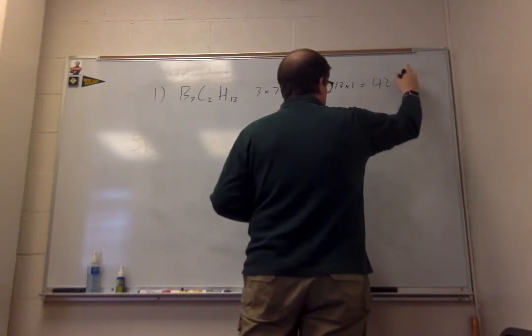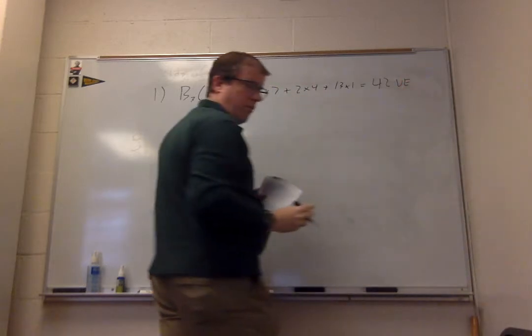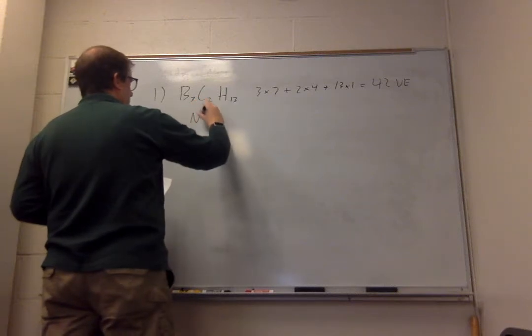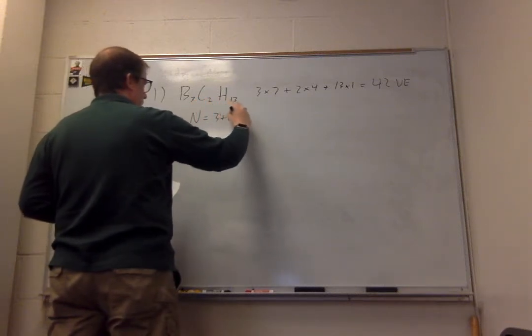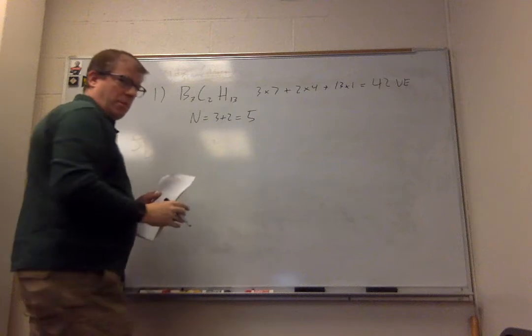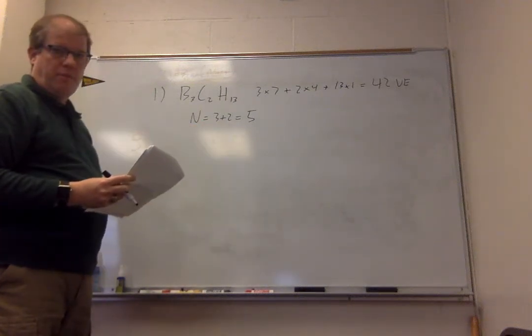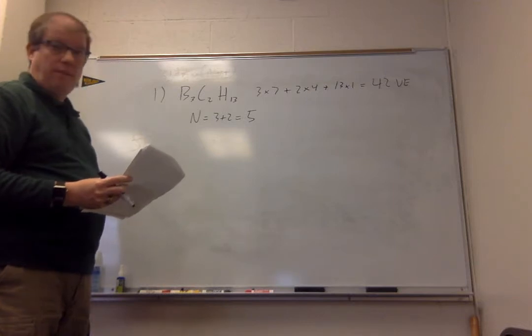Our total is 42 valence electrons. The number of vertices is the number of boron atoms, 3, number of carbon atoms, 2, and that gives us a grand total of 5.